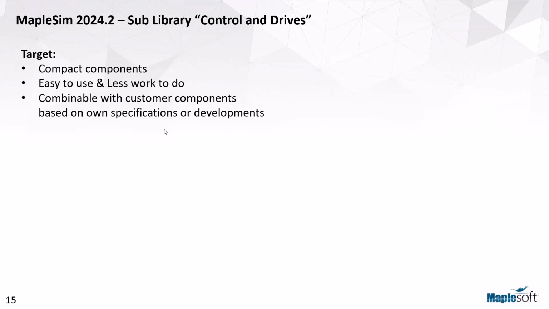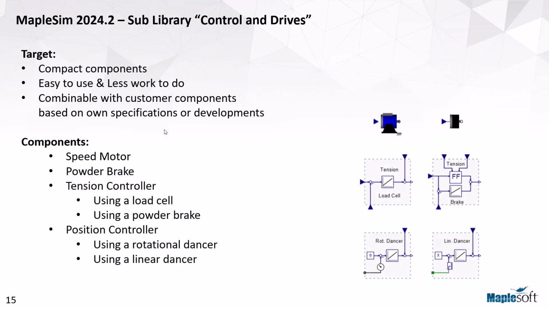If we have a look at first on the level of tension control, there are two components in this library. One is a speed motor, one is a powder brake, and also the matching components for the control side, two tension controllers and two position controllers for dancers, rotational and also for a linear dancer.